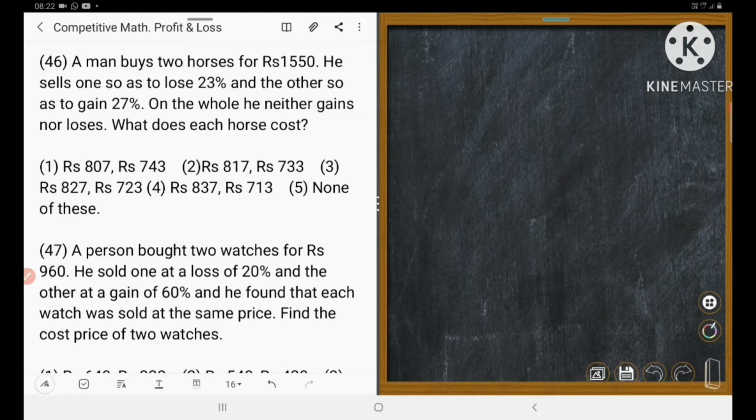He sells one so as to lose 23% and the other so as to gain 27%. On the whole, he neither gains nor loses. What does each horse cost?